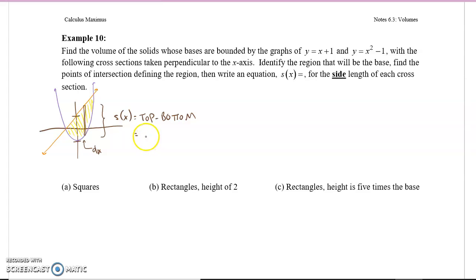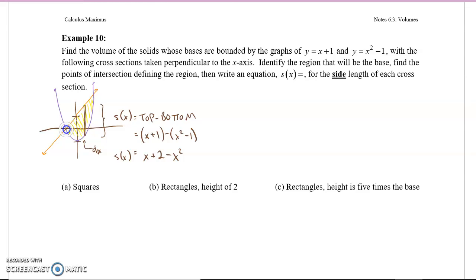The top endpoint is from the line, so that's going to be x plus 1, and the bottom endpoint is from the curve, that's going to be x squared minus 1. So when we subtract, we're going to find that we've got x plus 2 minus x squared. And that's going to be the length of the side, and the side length is going to depend on the value of x.